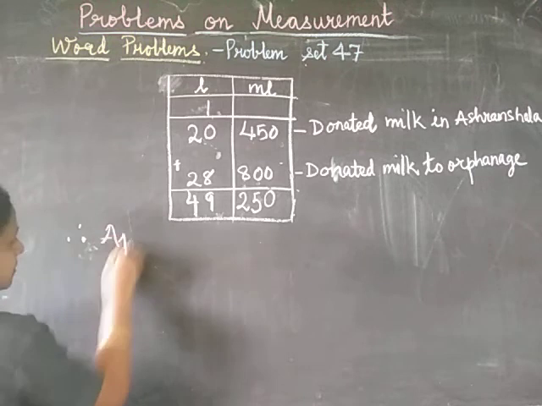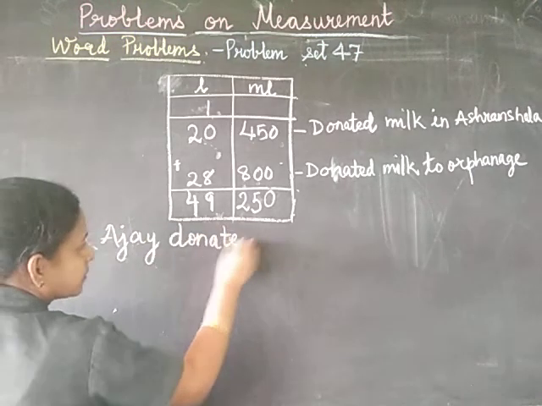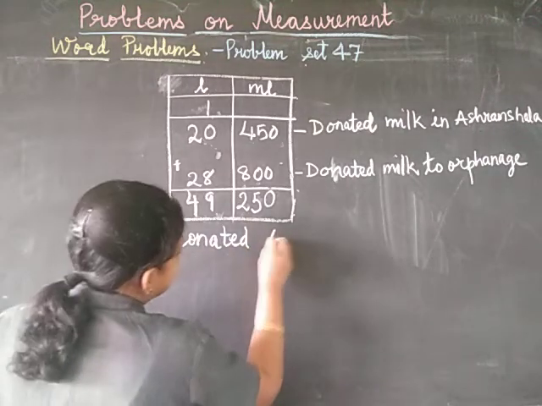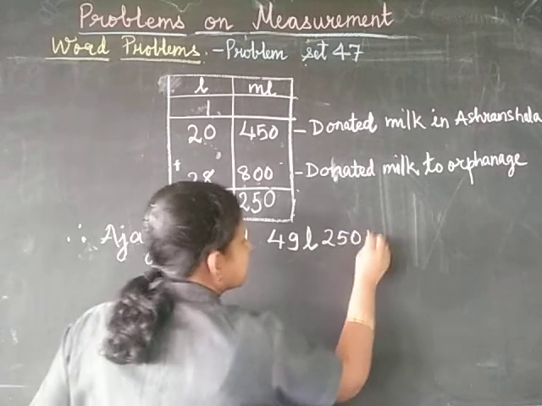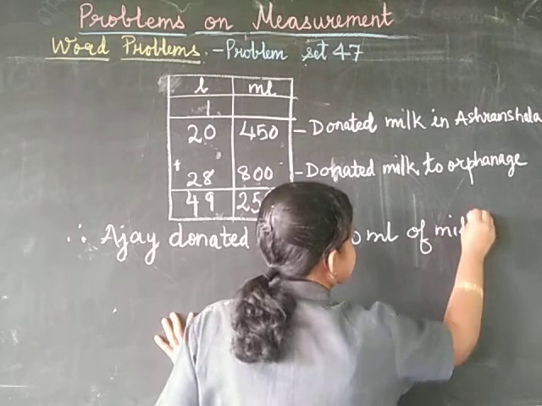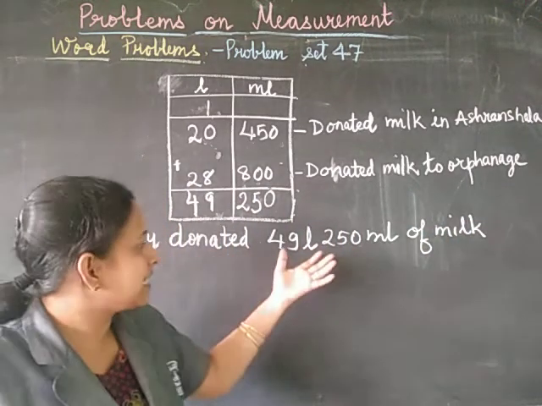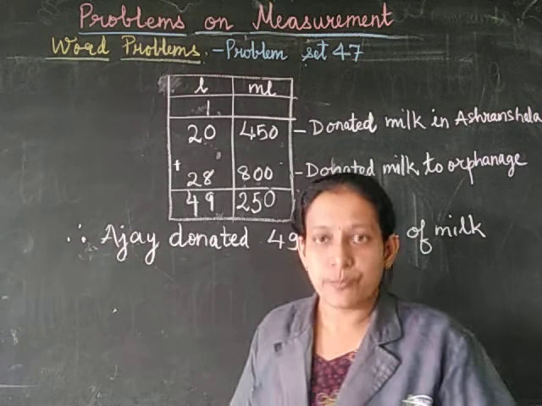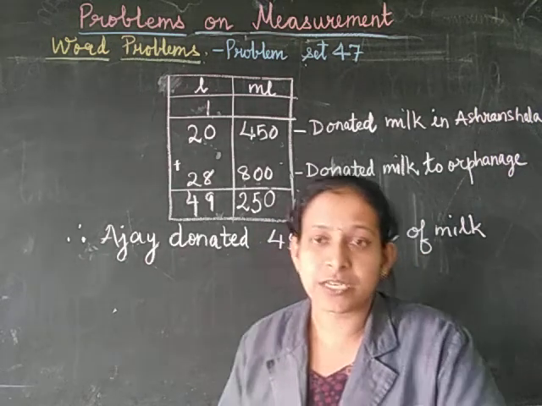Therefore, Ajay donated 49 liters 250 milliliters of milk. So this was an addition word problem. Now let's see another one, that is question number 2.